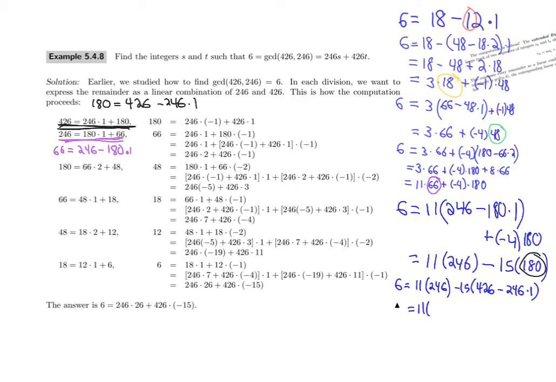So we'll have 11 times 246 minus 15 times 426 plus 15 times 246.